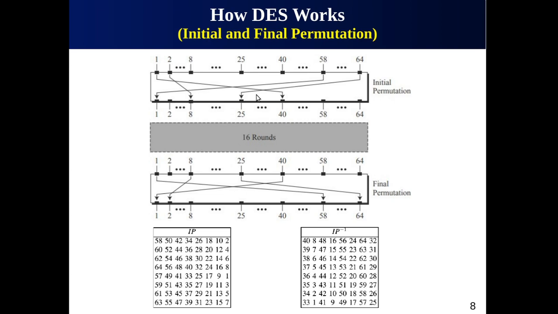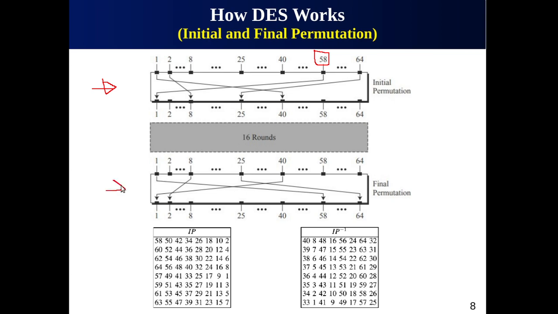As I mentioned, they are keyless permutations, and they are also inverses of one another. For example, let us see how they work. In the initial permutation here, you can see that the 58th bit in the input becomes the first bit in the output.